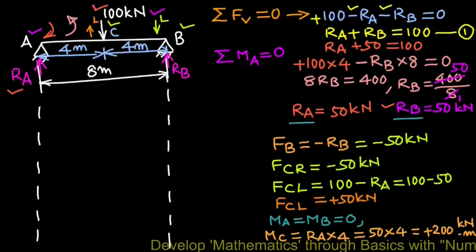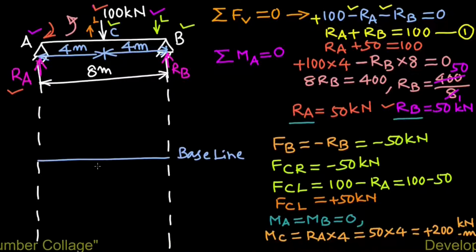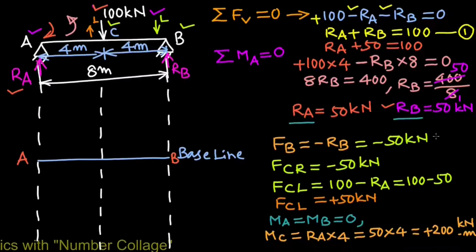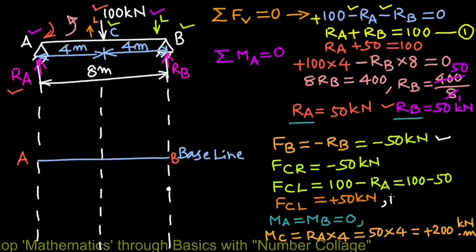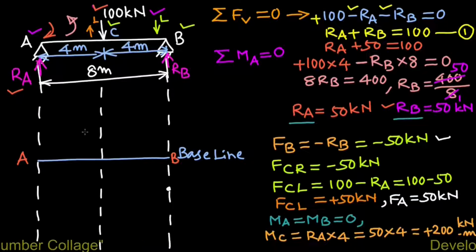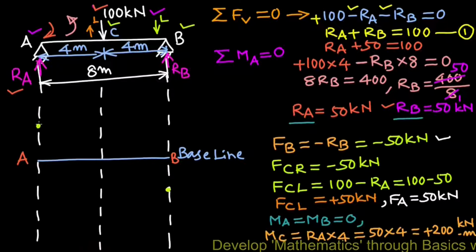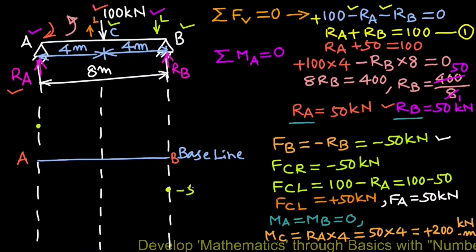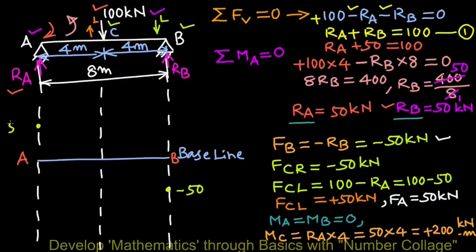For shear force diagram, let us first draw baseline AB. FB is minus 50 kilonewton, which we plot somewhere here, and FA is therefore 50 kilonewton, which we plot somewhere here. So this is minus 50 RB, this is plus 50 RA.